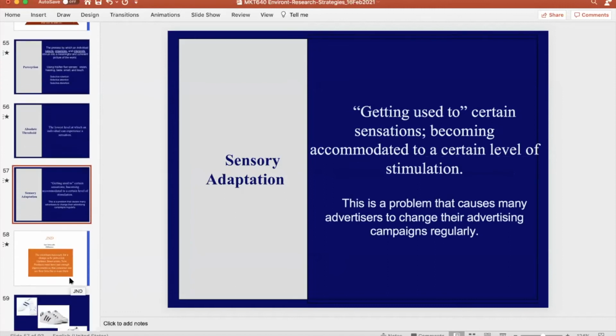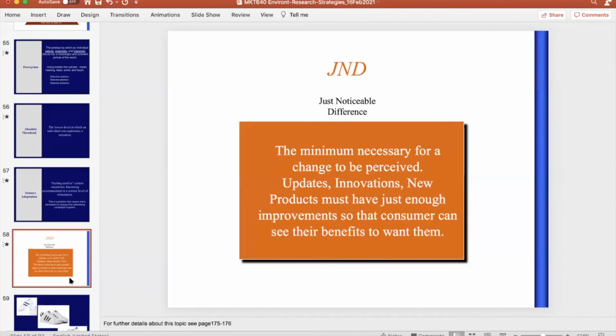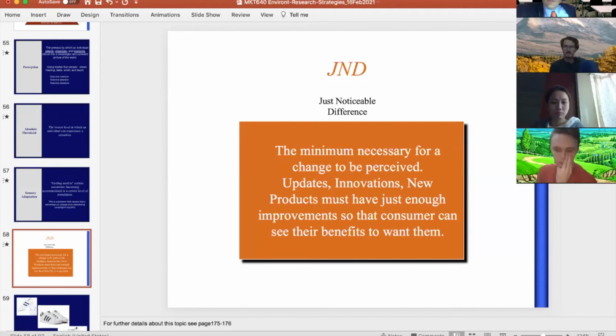Now, a concept that I'm very keen on is called the just noticeable difference. For me it's not as important as the opportunity concept, which I've spent several hours talking to you about, but it's almost as important. So I want to make sure that you pay attention to that one.